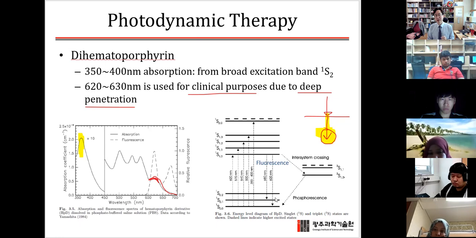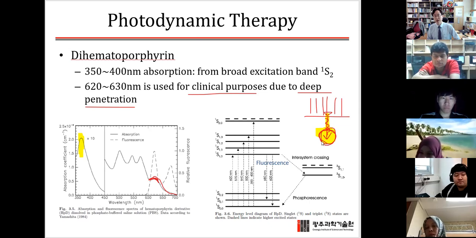So a very important thing is you need to know where the tumor is, and make sure that when you give the laser from the outside, the laser can travel and reach this tumor region so that this laser energy can be absorbed by the photosensitizer, and then the photosensitizer can generate reactive oxygen species, which can cause the death of the tumor cell.